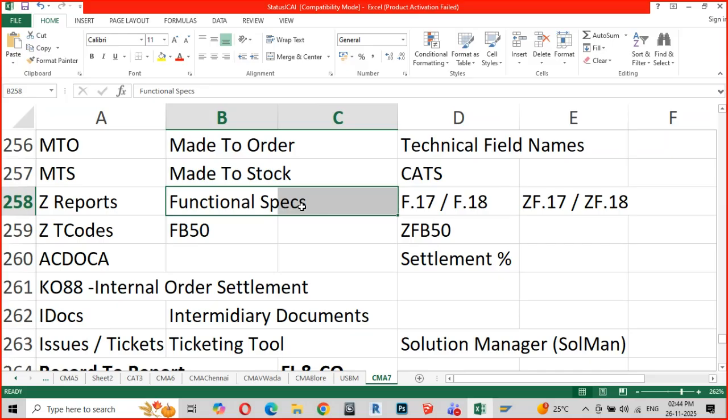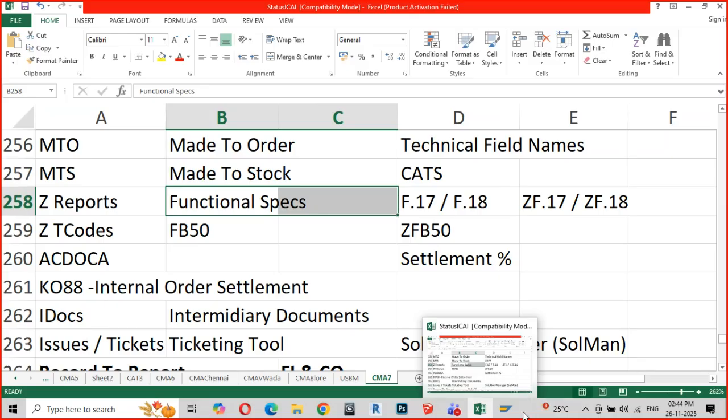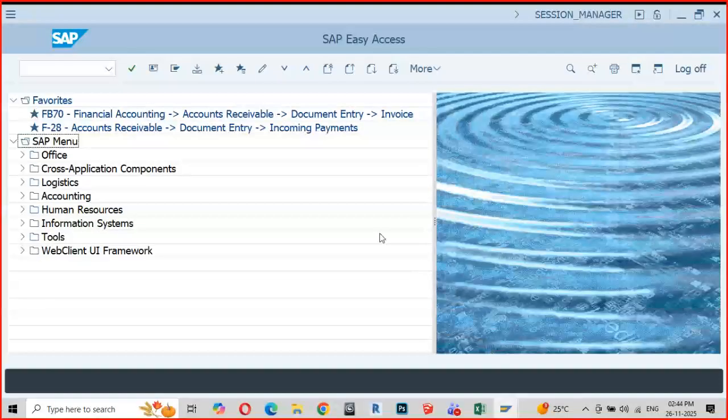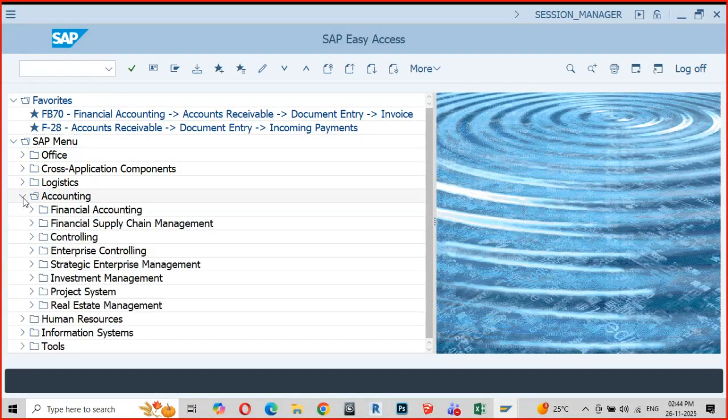How do we make the technical team understand the functional requirement? If in some inventory report I want to make some changes, how will I make them understand the requirement? I will have to talk in their language. Now, how will I know the technical name for some of the things?